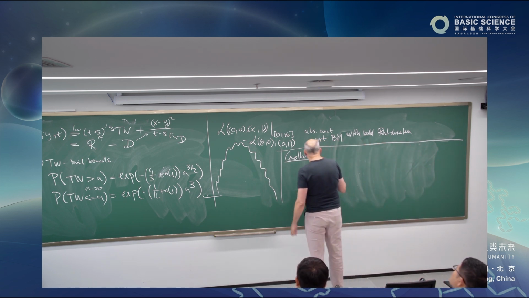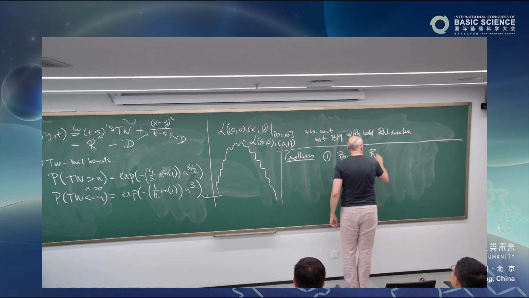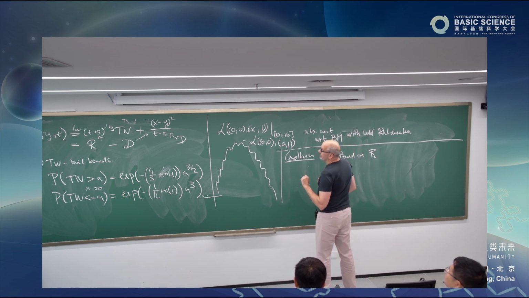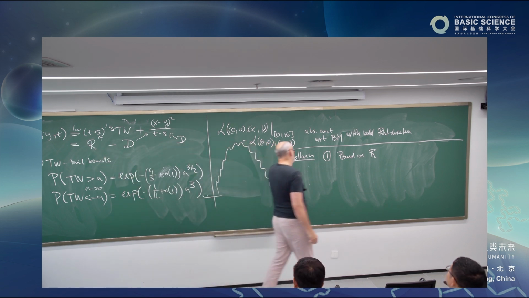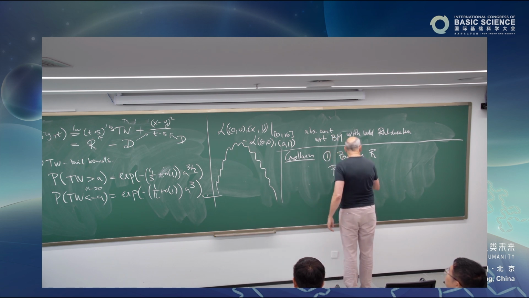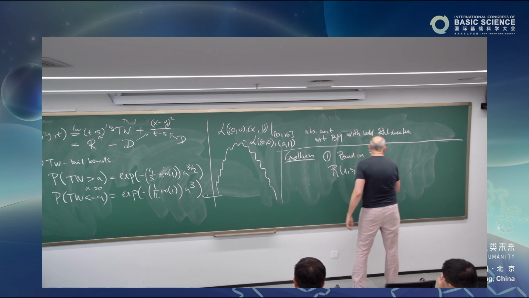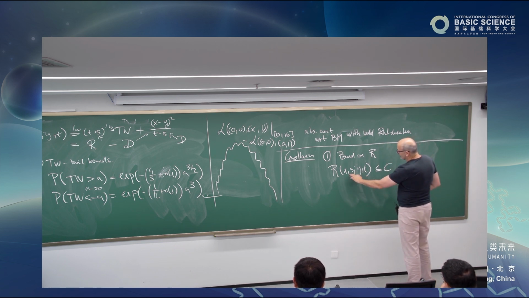And so I want to say two things. One of them is a bound on R. Remember, this is the random part here. So what you get is that R of (x, s; y, t) is less than or equal to some random constant. Now remember, it's a Tracy-Widom part, so it should have a (t minus s) to the 1/3.